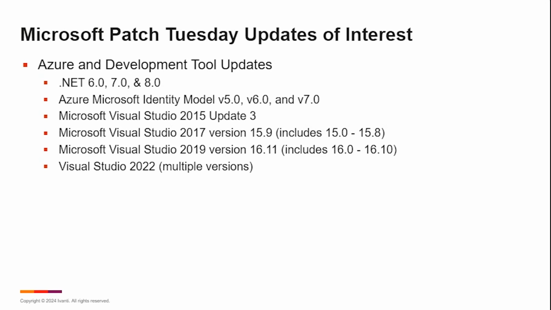So .NET Framework, Visual Studio, and then on the Azure side, the Azure Microsoft Identity Model received updates this month. So for each of those, there's probably things that the development team needs to do to update the components.